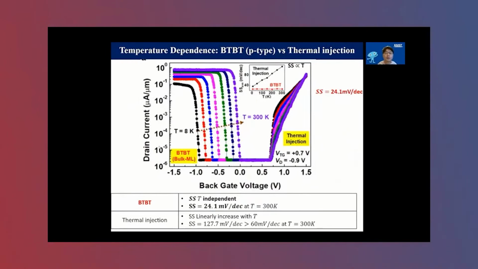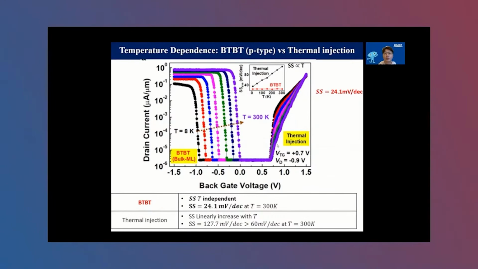So temperature dependence, as you can see, in the band-to-band tunneling region, which is here, this is a P-type TFET, the subthreshold swing is temperature independent. So this slope didn't change with temperature.